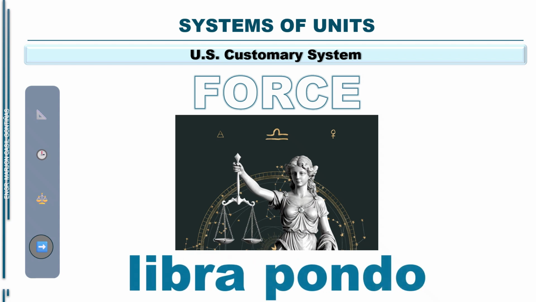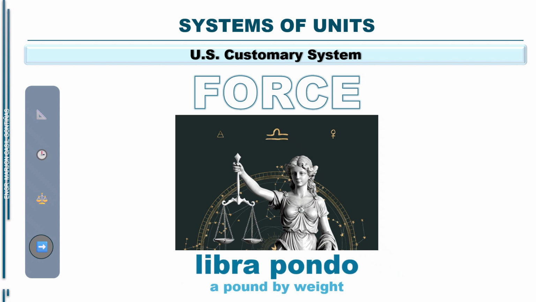The full term libra pondo actually meant a pound by weight in ancient Rome. Over time, we kept lb as the abbreviation for pound, even though we dropped the Latin. So yes, when you see lb, remember you're looking at a little piece of Roman history in your engineering problems. Pretty cool, right? Engineering even has its own secret language based on history.